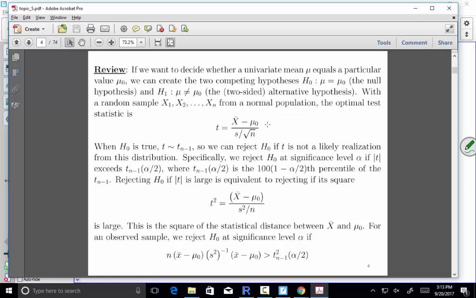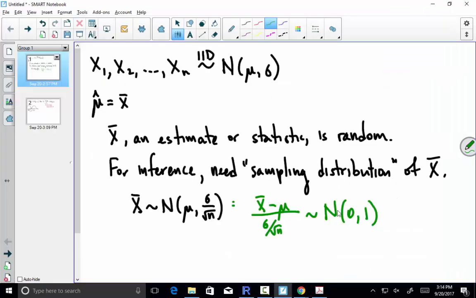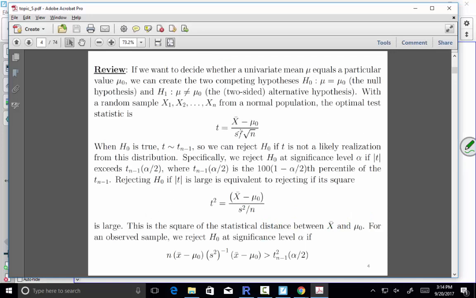We're playing pretend and saying, suppose that the null hypothesis is true. So if mu0 is the right mean, then we have appropriately scaled the x bar, and we should have a result like this one. So this test statistic is constructed in such a way that when the null hypothesis is true, this should be like a standard normal random variable.